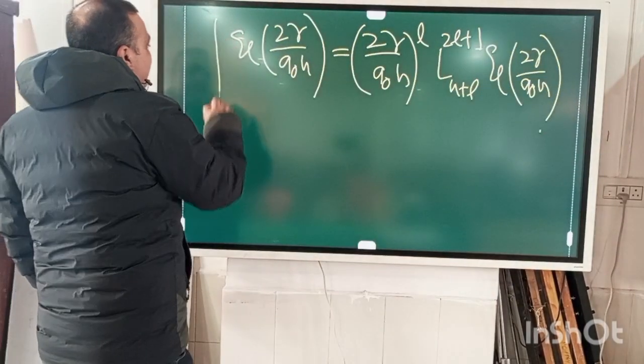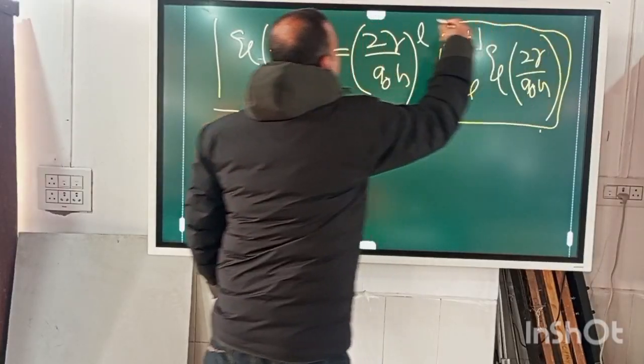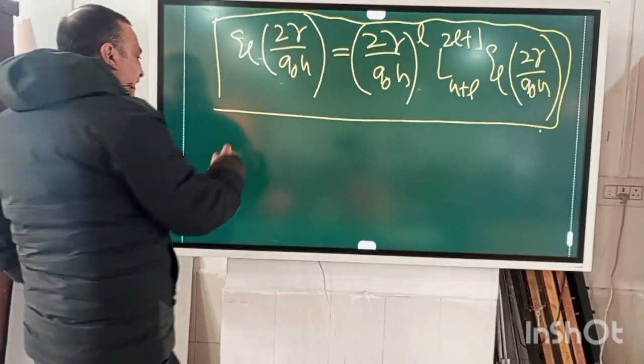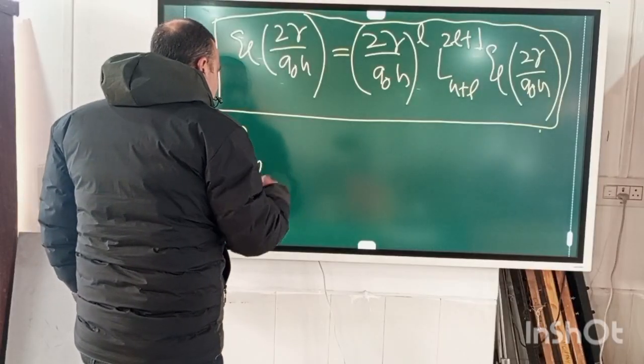So this is the expression for zeta of 2r by a naught n, and I can write down R n l now.